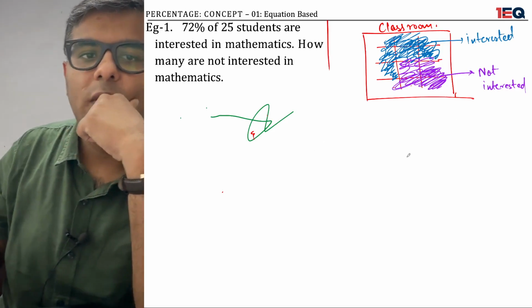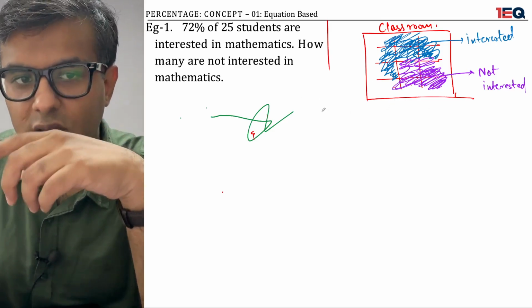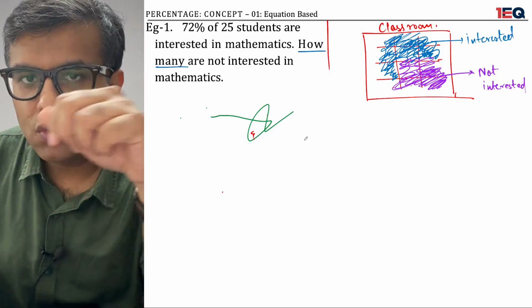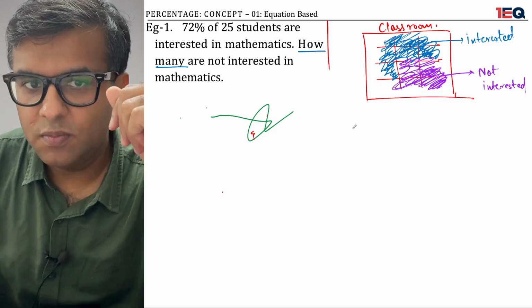Okay, so what we have to find out is how many students are not interested in mathematics. The question here says how many, so it is talking about number, it is not talking about percentage.